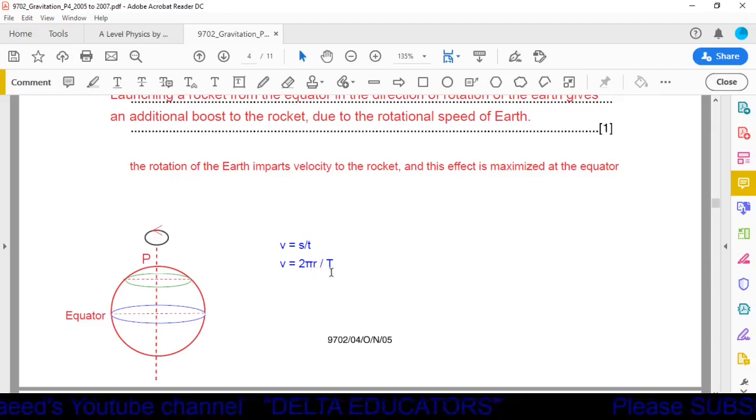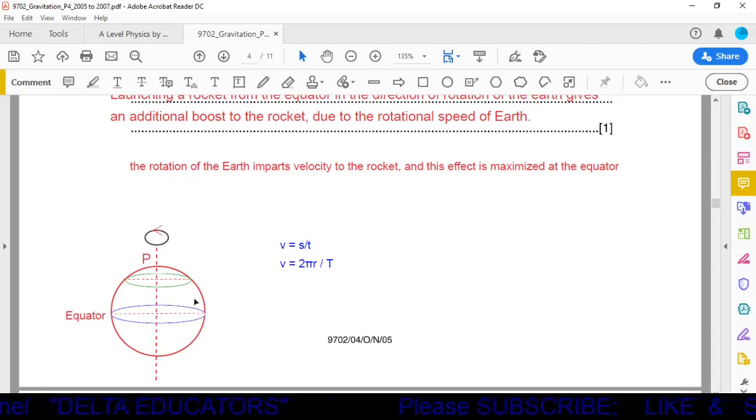If this r will increase, then this v will increase, and if r will decrease, the value of v will decrease. So we can say the velocity of the Earth at the equator is maximum and velocity at the pole will be minimum.